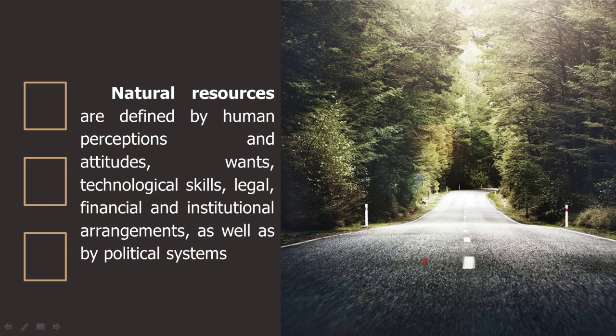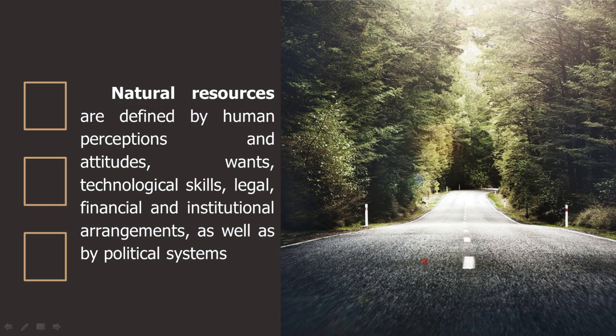So next one is that natural resources are defined by human perceptions, attitude, wants, technological skills, legal, financial, institutional arrangement, as well as political system. So usually kasi ang natural resources, pag inisip natin to, these are the things that we see in the environment.